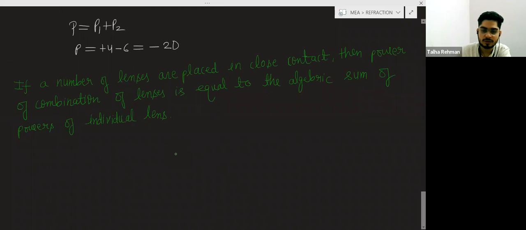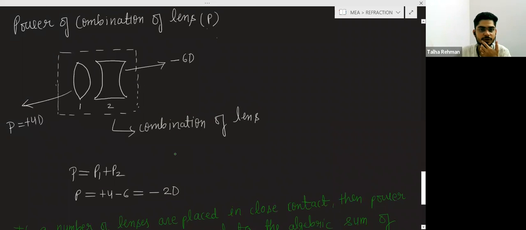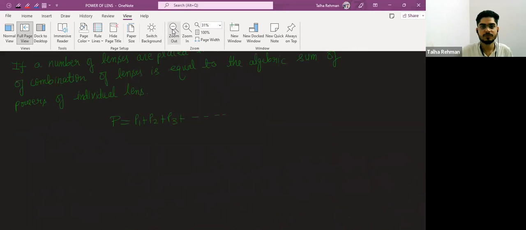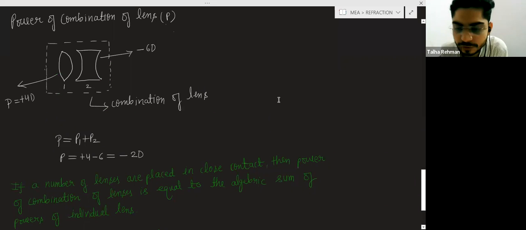Suppose if you have n number of lenses in close contact, the power of the combination will be P1 plus P2 plus P3, and you can just add it up. Okay, note down this, then we will solve a numerical on this, and this chapter will be finished. Write down this.